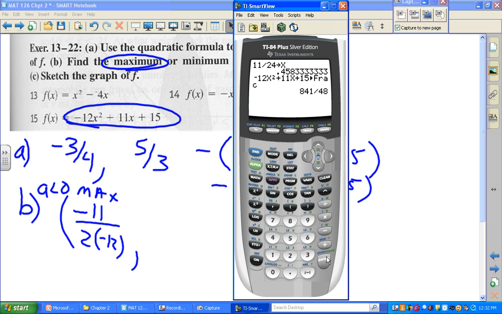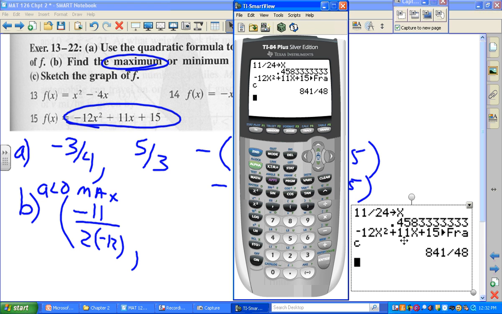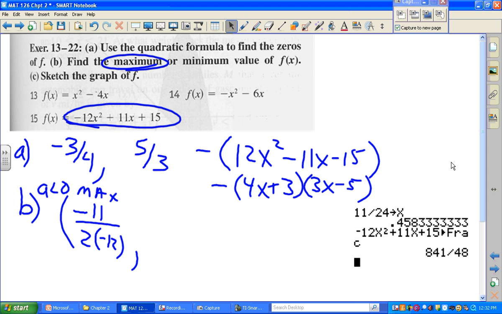Yeah. That's the answer. How do you do that? I put 11/24 in for x, and then I typed in -12x squared plus 11x plus 15 and fractionalized it. STO, store, it's the second from the left on the bottom, I believe, or second up on the left, right above the on.